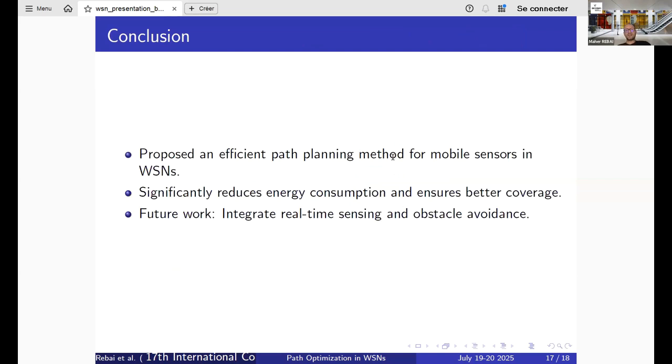So, as a conclusion, we have proposed an efficient path planning method for mobile sensors in wireless sensor networks to cover blind zones in sensing areas. As a result, we have an approach that dominates the literature approach in terms of solution quality. However, in terms of computational time, the literature approach dominates our proposed approach.